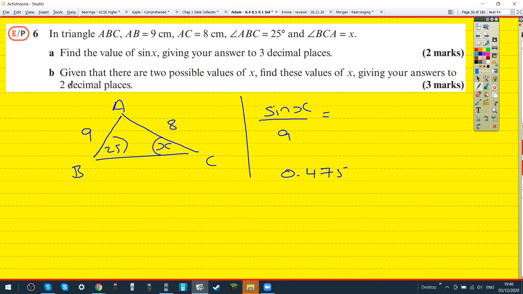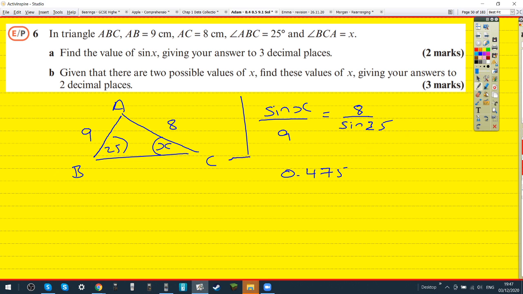Okay. There are two possible answers for x. Any idea how you get two possible answers? You already got one of them. Do you know how to get the second one? So is x the angle? Yep.